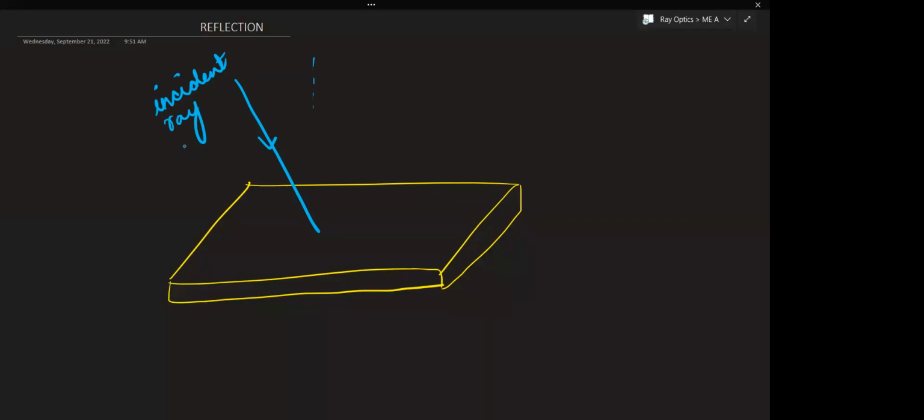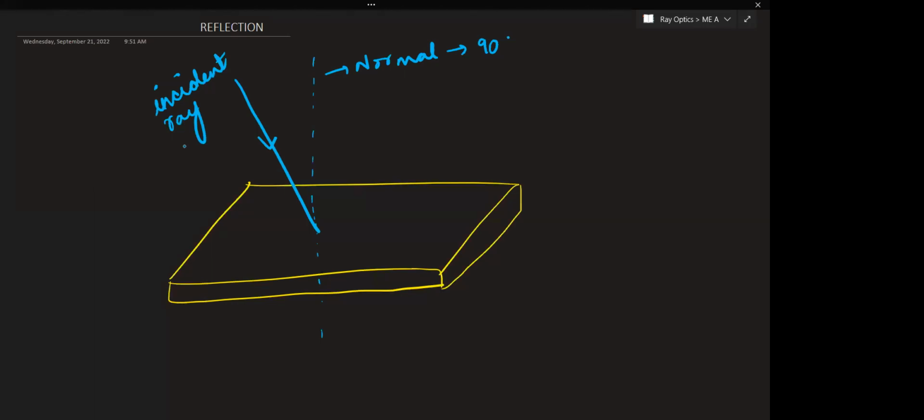There will be a perpendicular to your plane, which we refer to as the normal. Whenever the term normal is used, it is always used to denote 90 degrees. Normally, the number of electric field lines passing normally per unit area, we call as electric flux. Normally means what? 90 degree. So we draw a perpendicular.